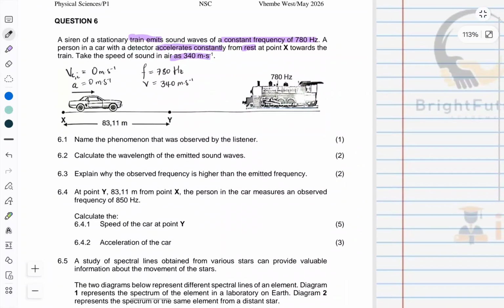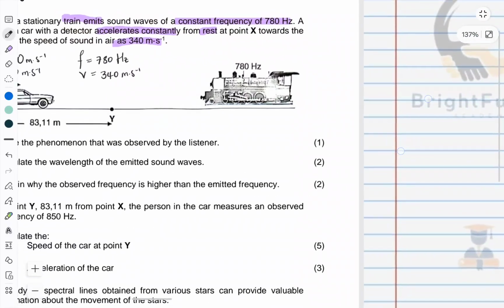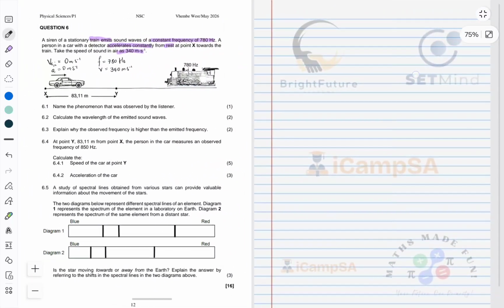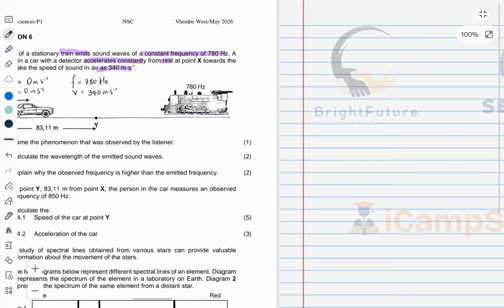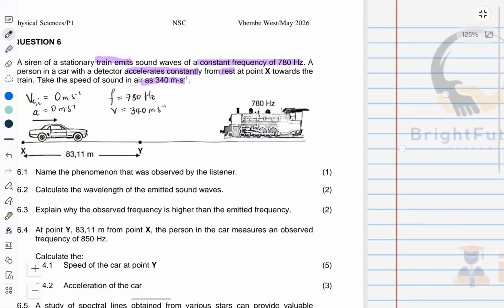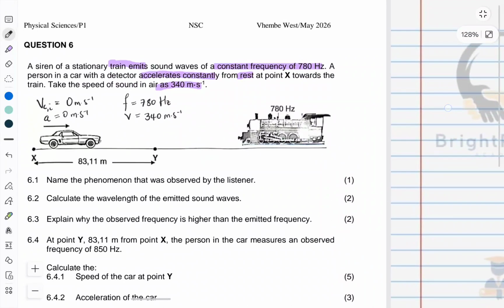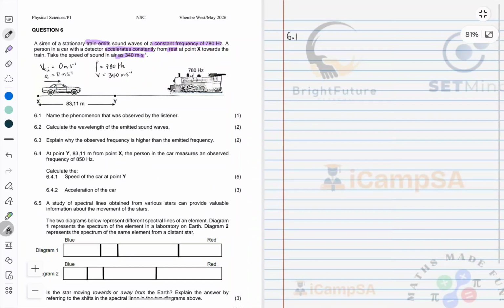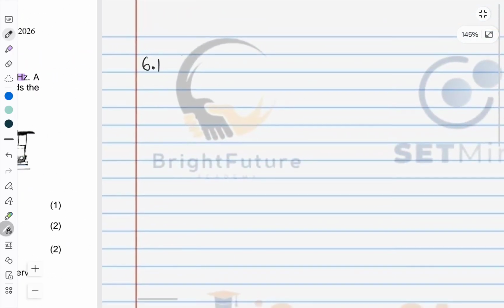6.1, name the phenomenon that was observed by the listener. So this listener carries a detector. If he's carrying a detector and is measuring the sound waves emitted by the stationary train, suffice to say, the phenomenon that he will observe will be our famous Doppler effect.